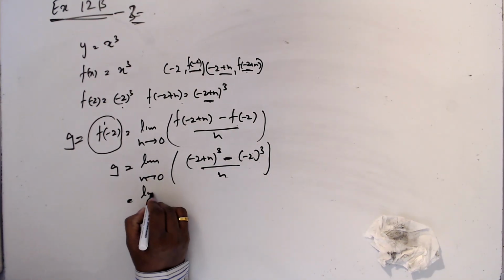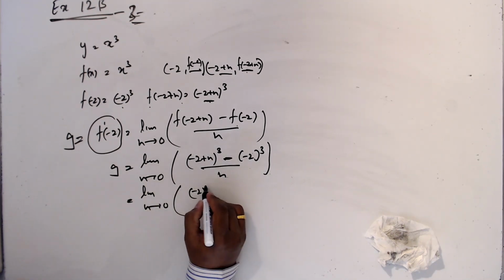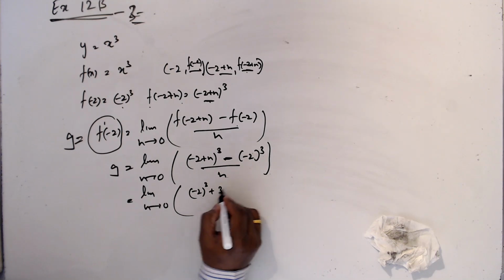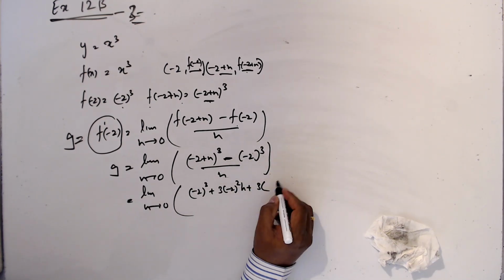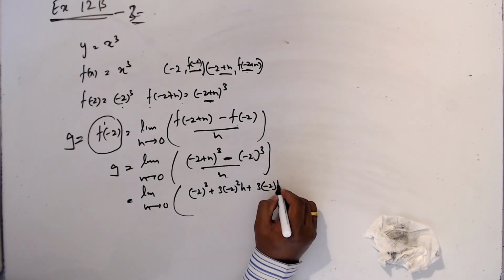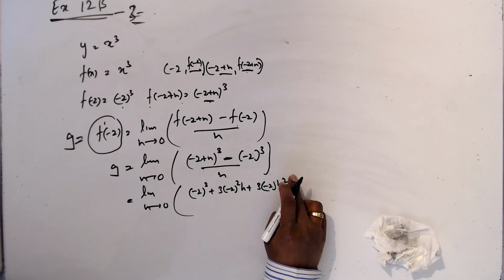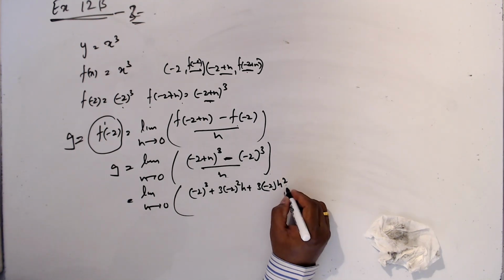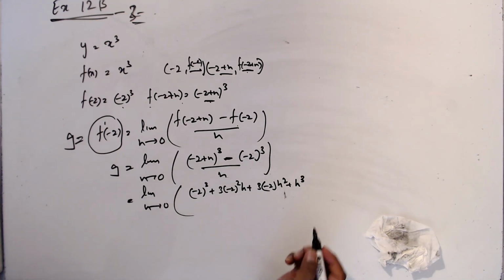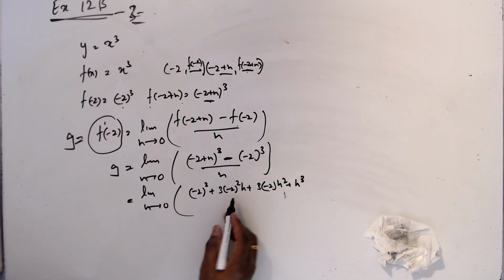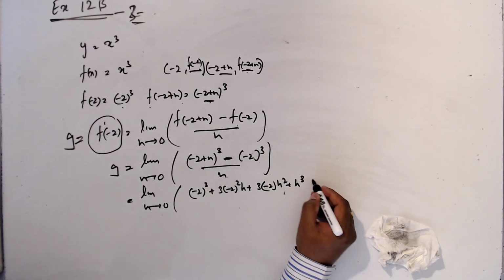So then the limit as h goes to 0 of (−2)³ + 3 times (−2)² h + 3 times (−2) h² + h³. So I use the binomial expansion; when you learn it, you will know this one.